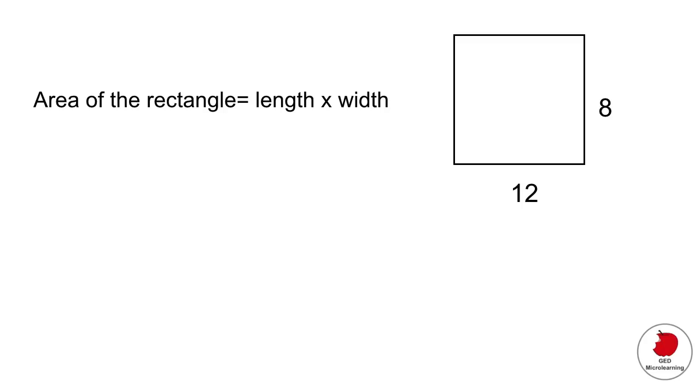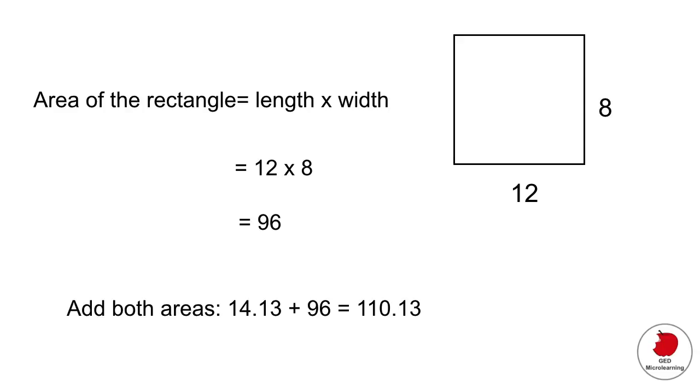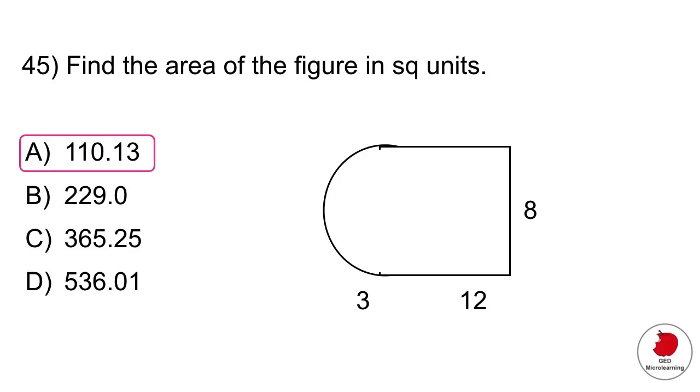And then you would do the same thing for your rectangle. In the case of the rectangle, the area is length times width. So you just go ahead and plug those numbers in. Gives you 96. And then to find the combined area of both things, you would basically add up these two areas that you found already. Okay, so that's answer A.